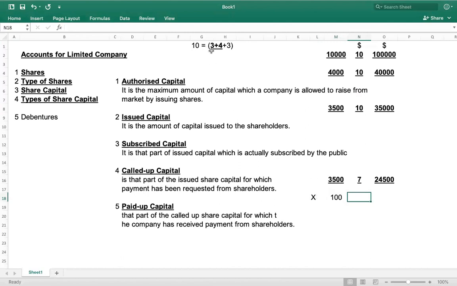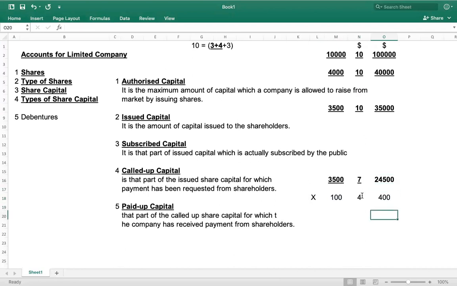He paid the first installment, $3, already. That's why he is a shareholder, right? Now a notice came for the second installment of $4, but he missed that information. So he will not pay $4 on 100 shares, for the time being.